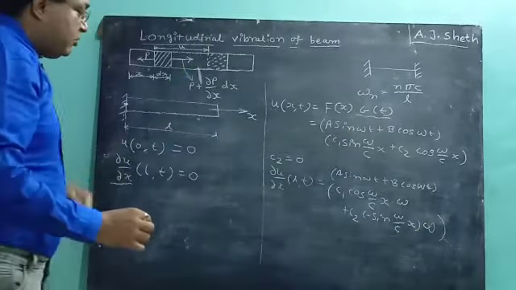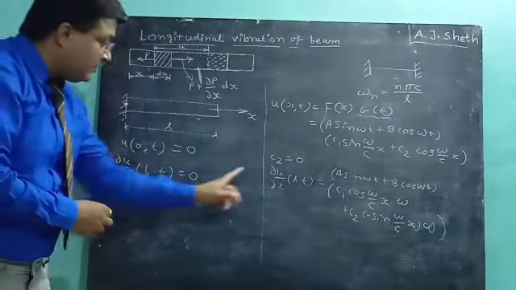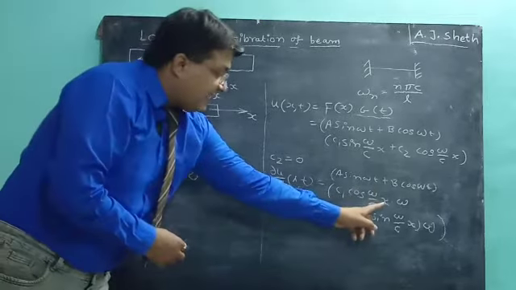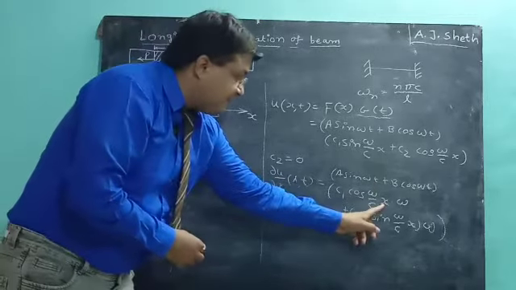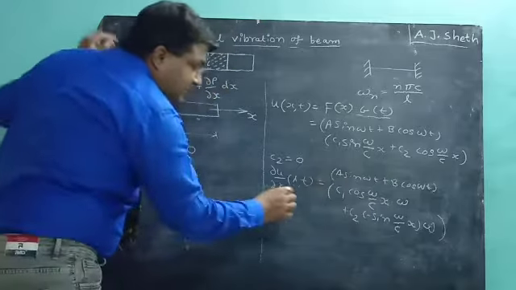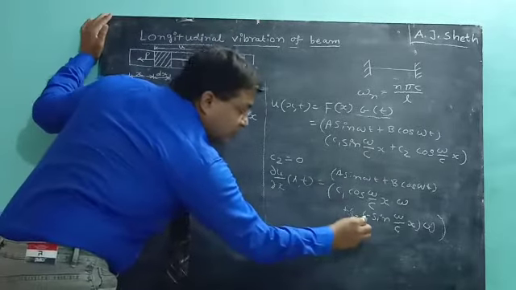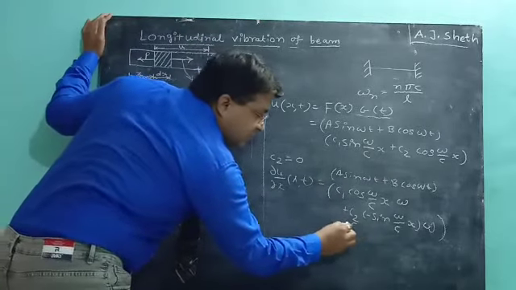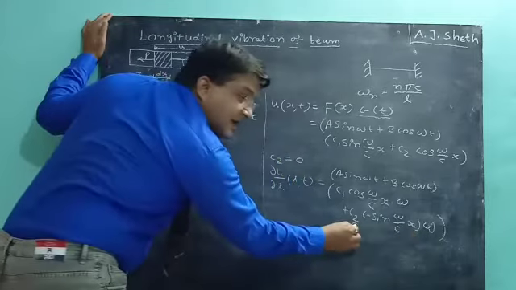Now let us put L instead of x, and the answer is 0. C2 is already 0, so there is no need to think about the second term.